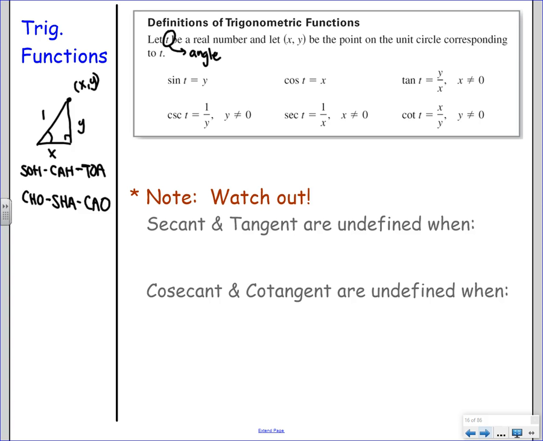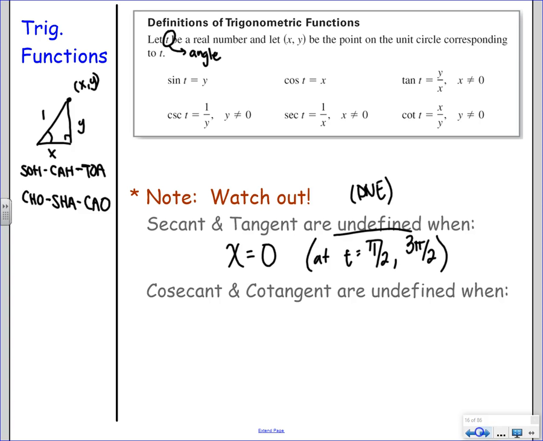Both secant and tangent, if we were to find them up here, have x in the denominator, which means they're both going to be undefined, or we could say DNE, when x equals 0. Well, x equals 0 on the y-axis, right? On the y-axis, we have the angles 1/2 of pi and 3/2 of pi.